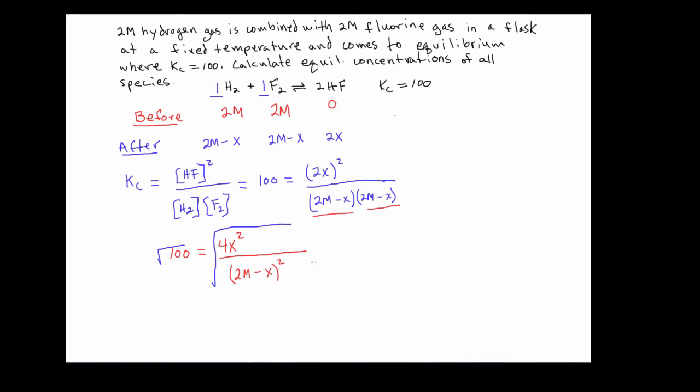When we do that, we're going to get 10 on the left, and this is going to be equal to 2x on the right over 2 molar minus x in the denominator. So now we have a problem that's considerably easier to solve, and we're not going to need the quadratic equation. You want to pay attention to these kinds of problems. Don't just jump into having to use that horrible complicated equation. So now we can go ahead and solve this.